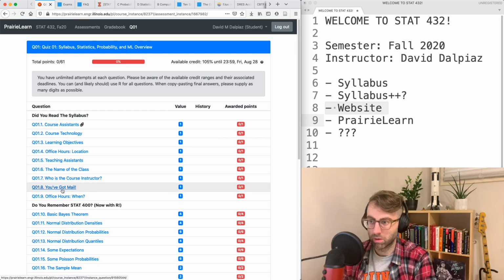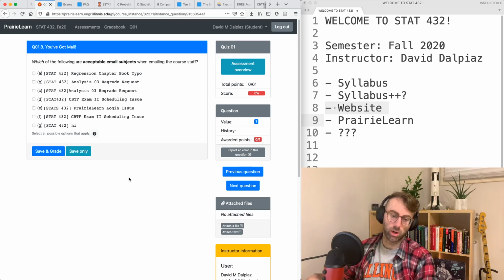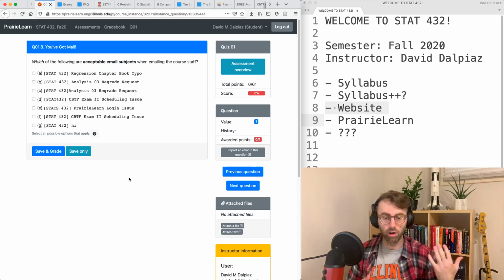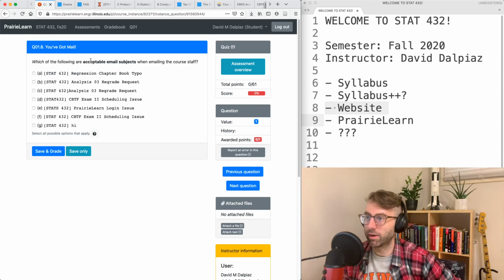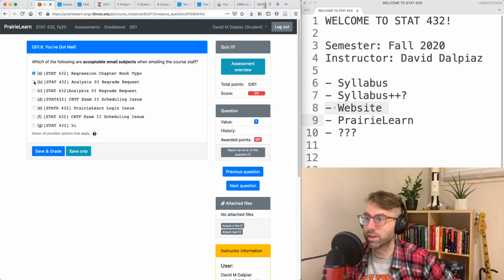Okay, so let's do this. Here is a question. This is a checkbox question, which is saying, select all that apply. Which of the following are acceptable email subjects when emailing the course staff? Okay. That looks good. That looks good. That's no good because there's not a space here.